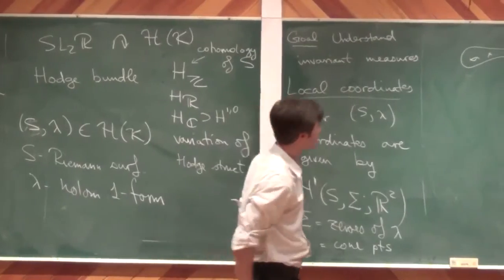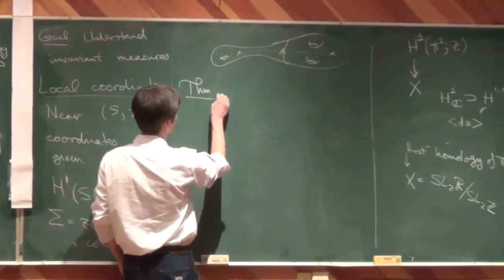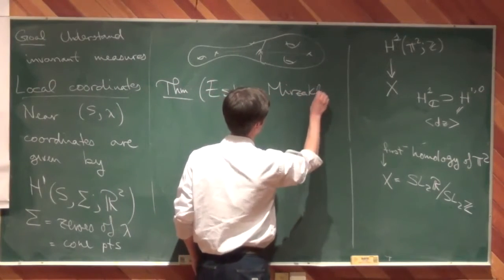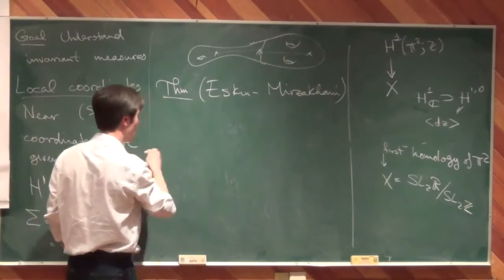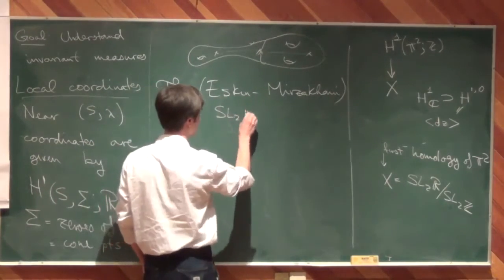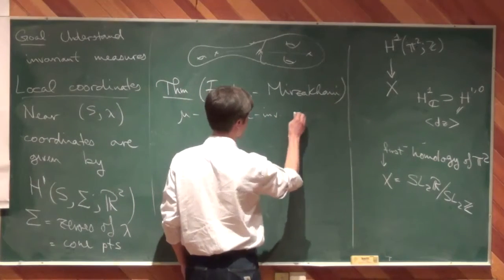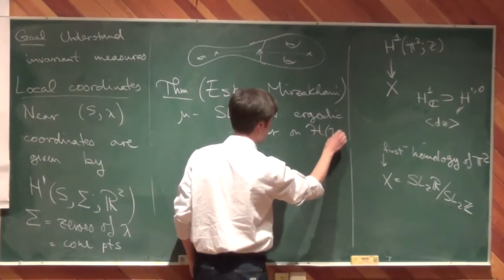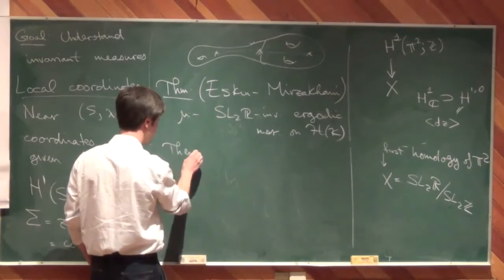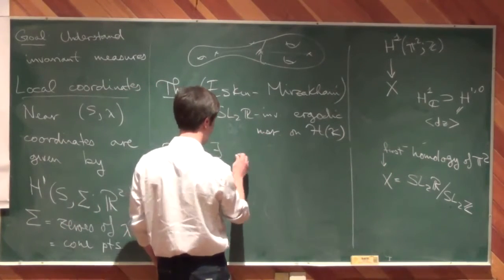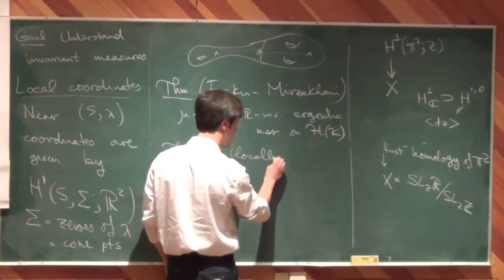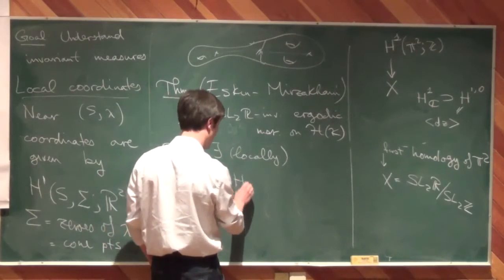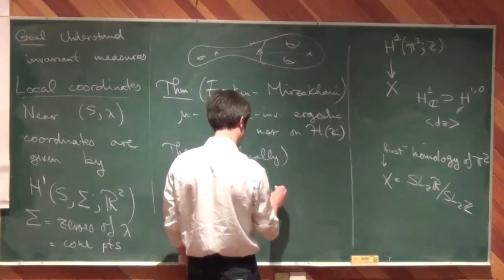So the theorem of Eskin and Mirzakhani is the following. Suppose that mu is an SL2R invariant, ergodic measure on this stratum H kappa. Then their theorem says that, locally, there exists a real subspace inside the real cohomology of this surface.